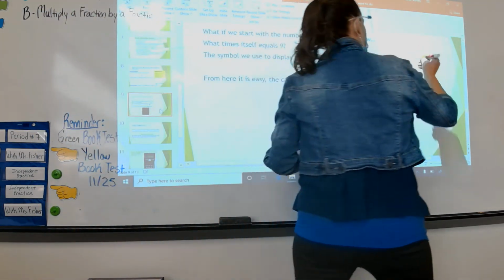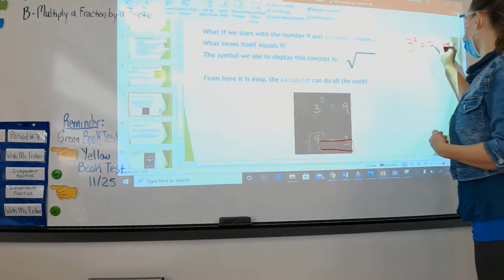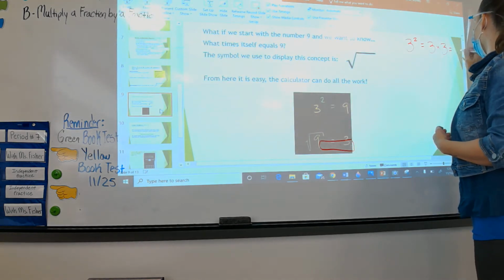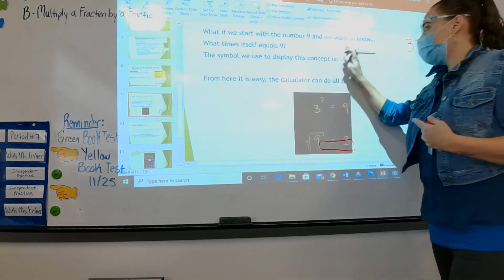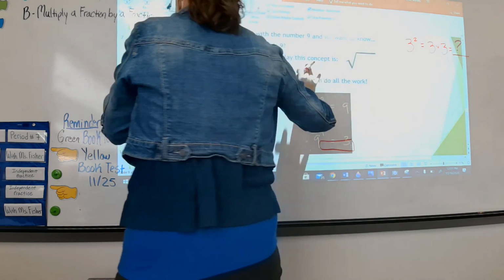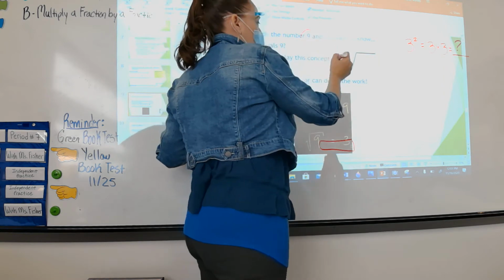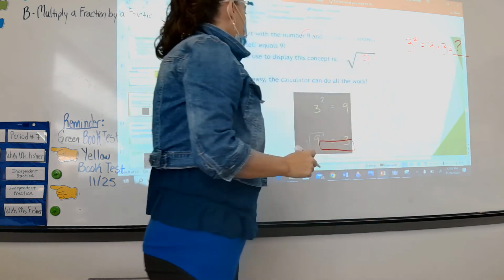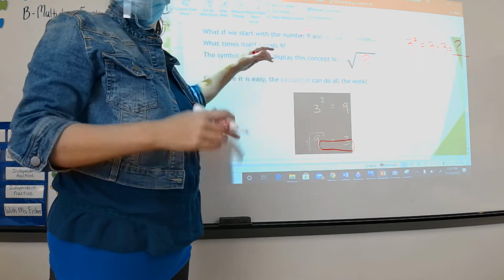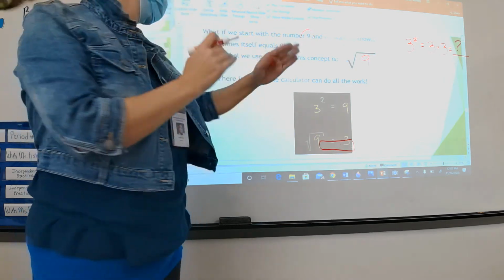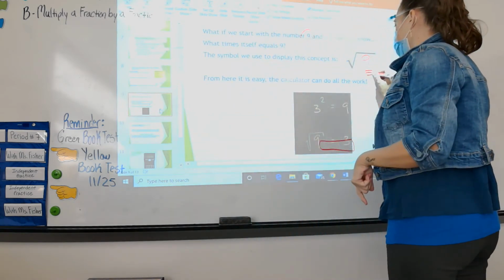Before, I started you with 3 squared, and I said this is 3 times 3, and then you had to solve what is 3 times 3. Remember, this is the inverse, the opposite. I'm starting you with the number 9, and now I'm asking you what times itself will equal 9, because a square number is always a number times itself.